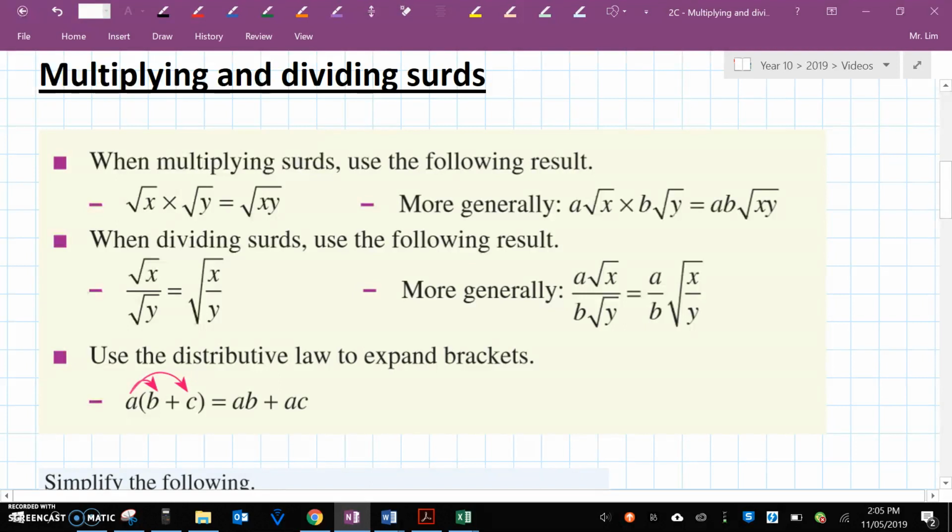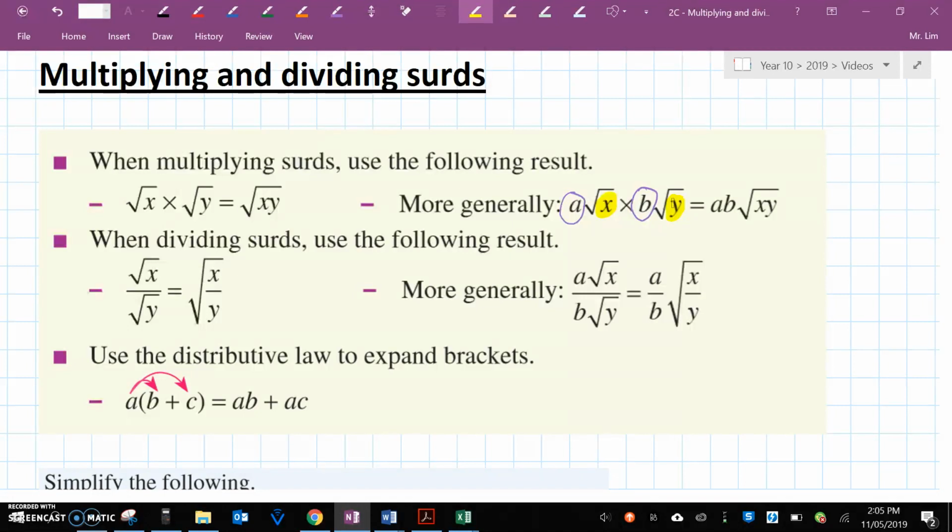Here, we are multiplying what's on the outside of the root sign. So whatever is on the outside of the root sign, we can multiply together. Whatever is on the inside or underneath the root sign, we can multiply those together. Okay, so what's outside goes together, what's underneath the surd sign goes together.